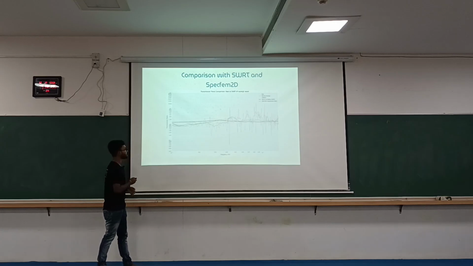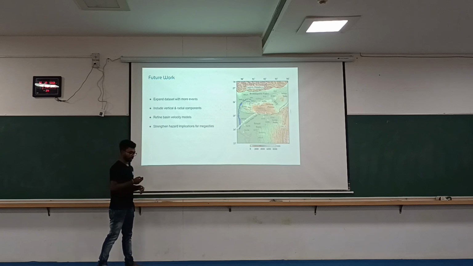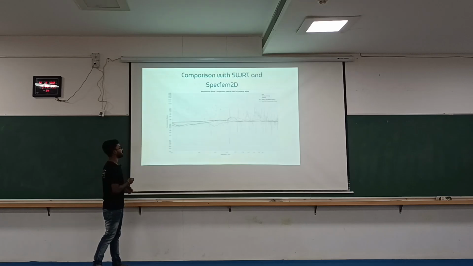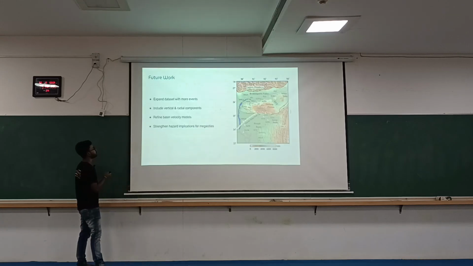So here come our future works, what we can do to find out whether it is the real pattern or just an error of the data. We will do more analysis on these things.